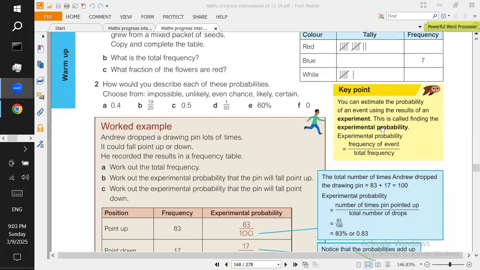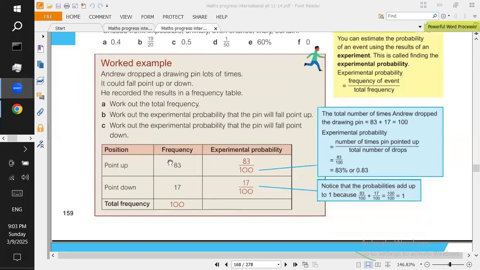As we said, experimental probability means it is an experiment. To find the experimental probability or the relative frequency, which is considered the same, we just divide the frequency over the total frequencies. For example, this is a worked example. Andrew dropped a wrong pin lots of times. It could fall point up or down.